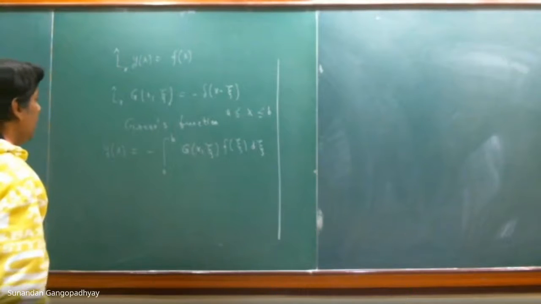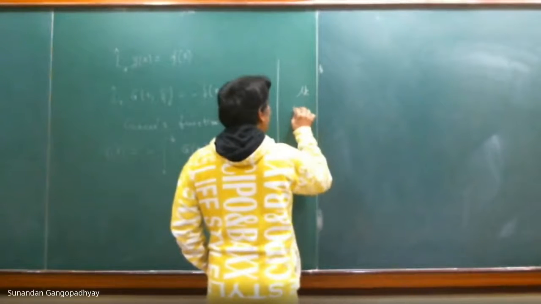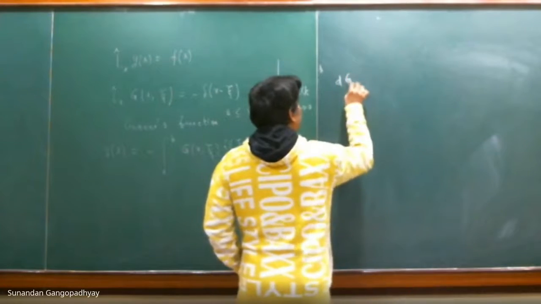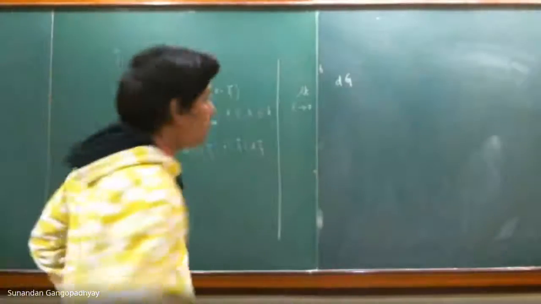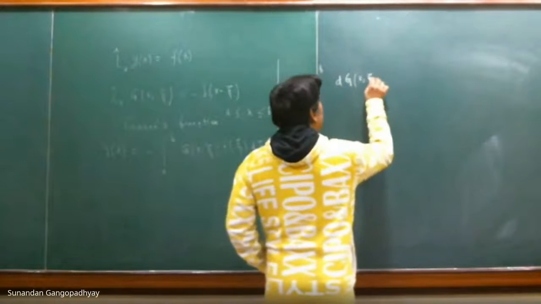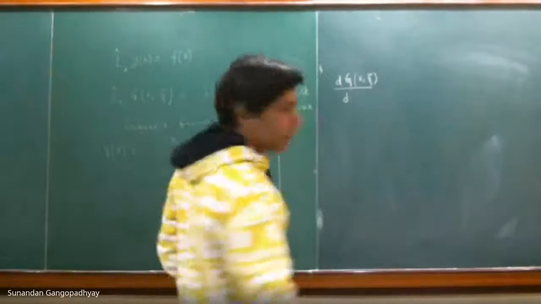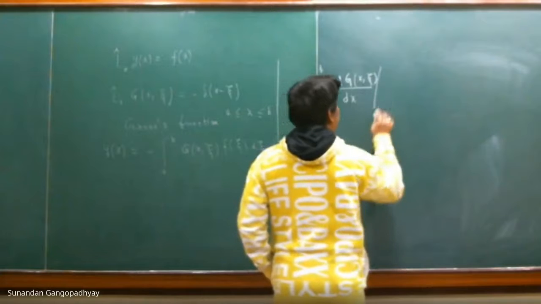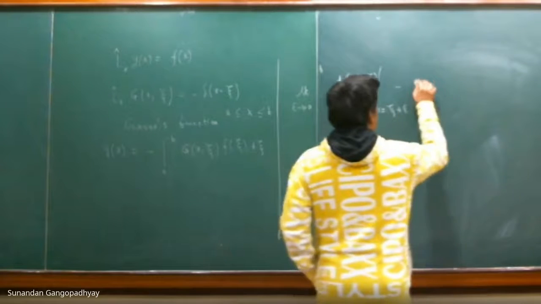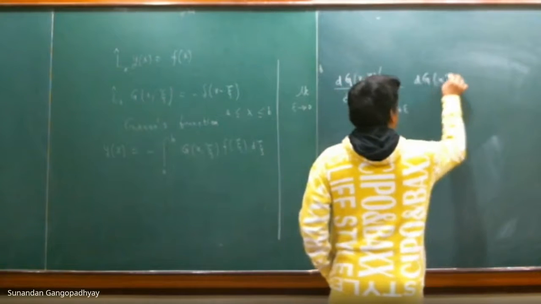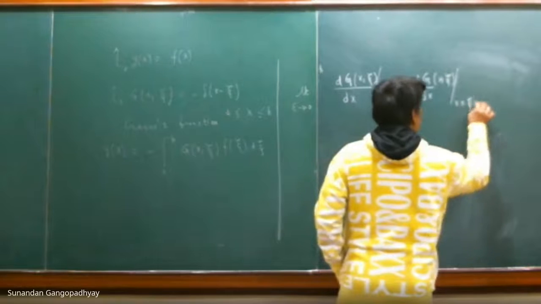And in the previous lecture, we found that the derivative of the Green's function, dg(x, xi)/dx at x equal to xi plus epsilon minus dg(x, xi)/dx at x equal to xi minus epsilon.